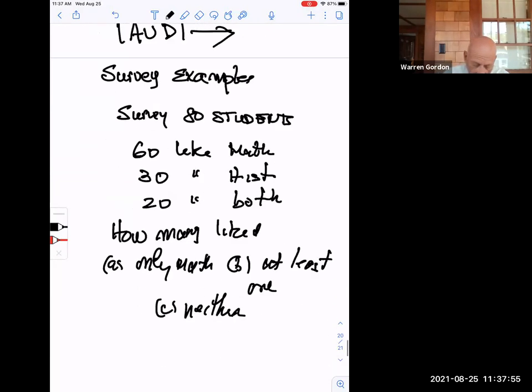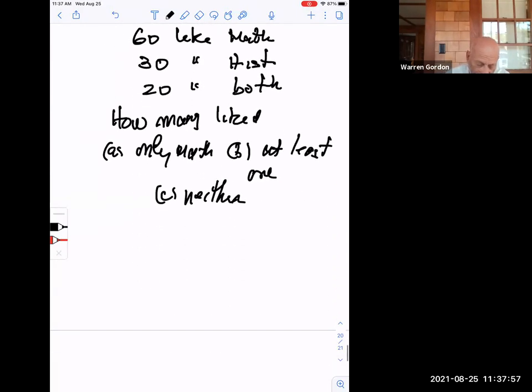Okay. So here's what I'm going to do. I'm going to let M be the set of all students who like math. And that's an ugly circle. One more time.